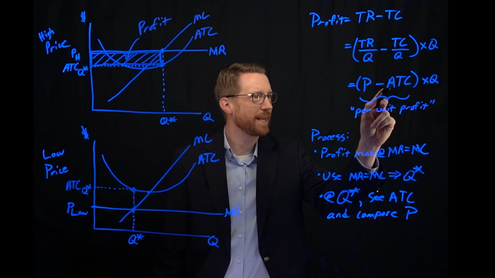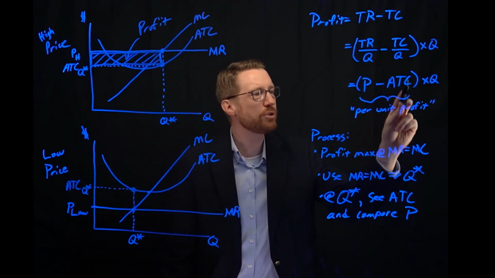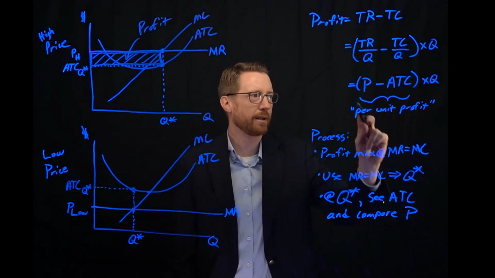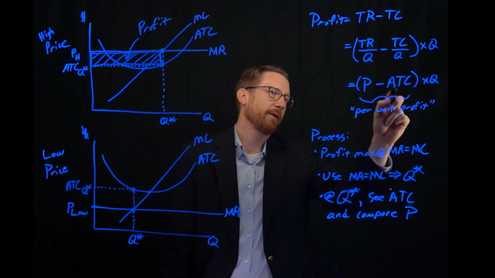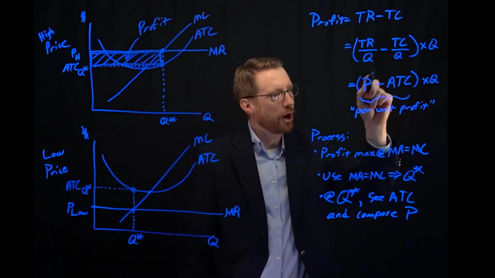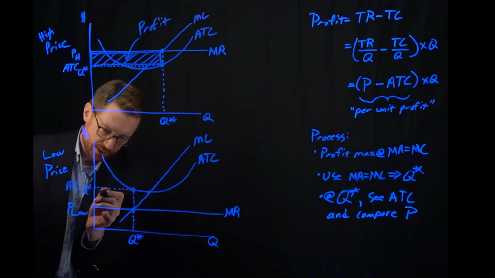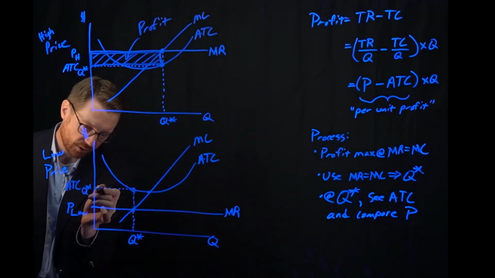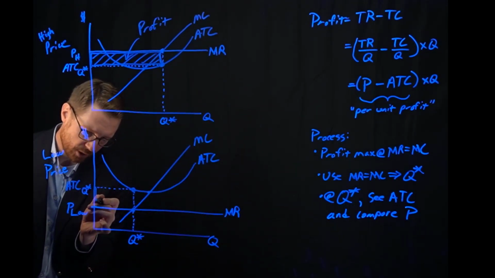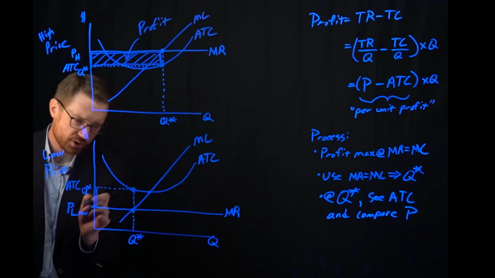So what does that mean? That means their costs exceed their revenue, so they're losing on every unit. Right, so if they lose on every unit, how much do they lose in total? Well, it's their loss per unit times the quantity they sell. Okay, so the loss per unit, so their costs, average total costs, minus price, is the difference between those two.